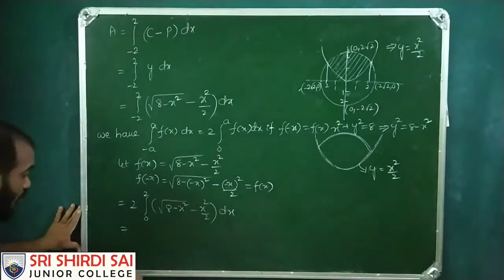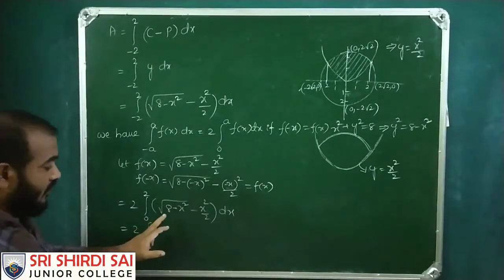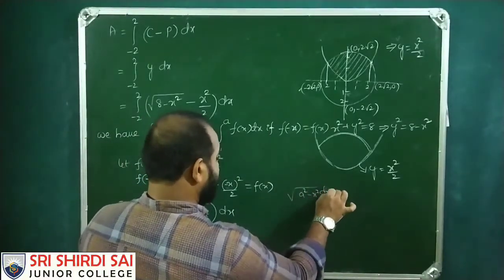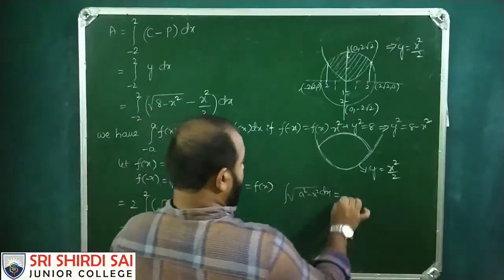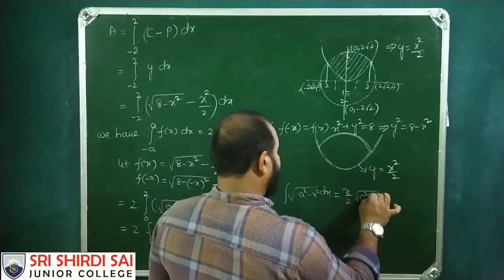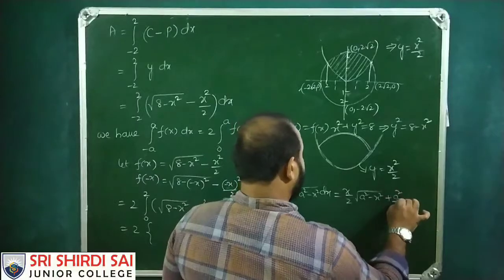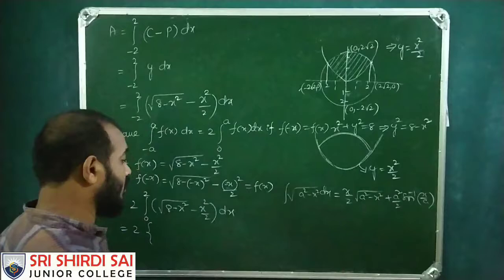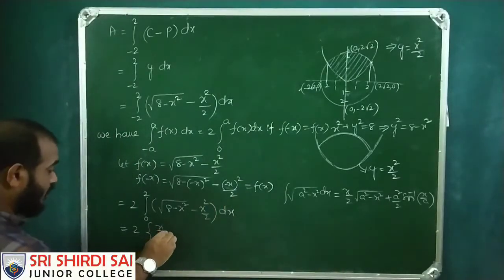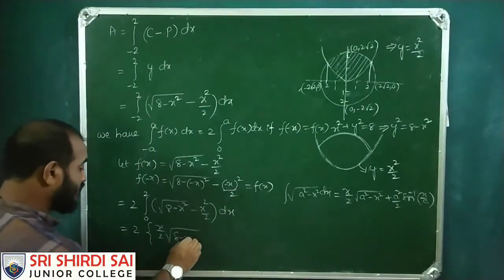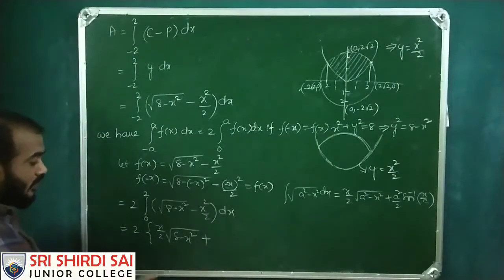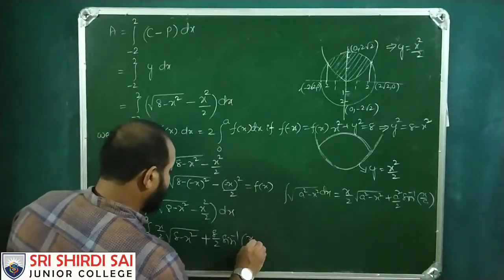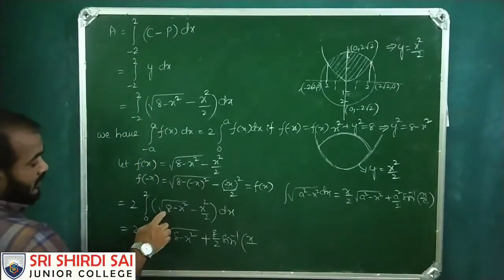This is equal to 2 times... We have a formula: the integral of root of a square minus x square dx is x by 2 root of a square minus x square plus a square by 2 sine inverse x by a. So based on that, x by 2 root of 8 minus x square plus 8 by 2 sine inverse x by root 8.